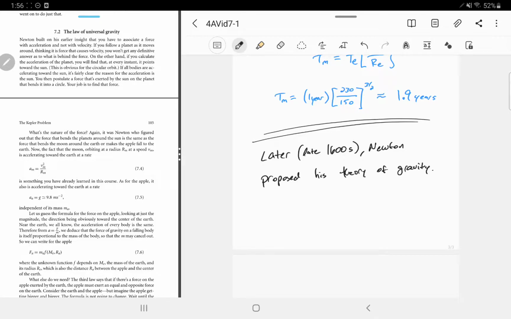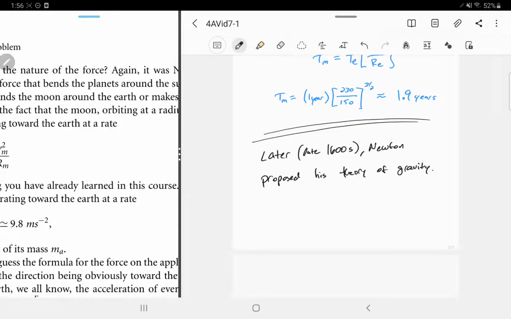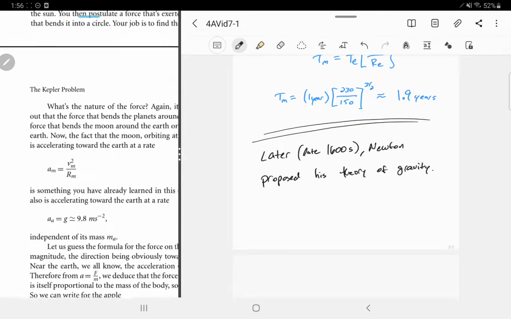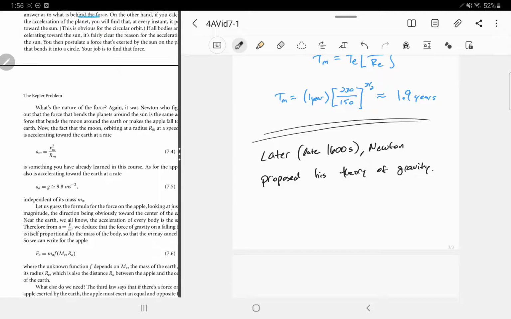What your book does is sort of show some of the thinking that got Newton to his answer. Okay, so Newton already, just like we've already done problems here with acceleration as v squared over r, Newton already knew that.